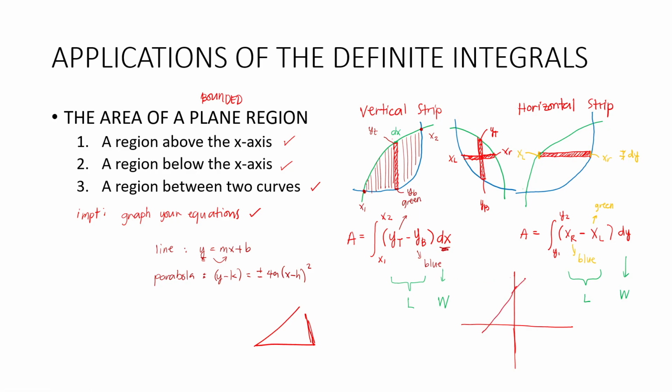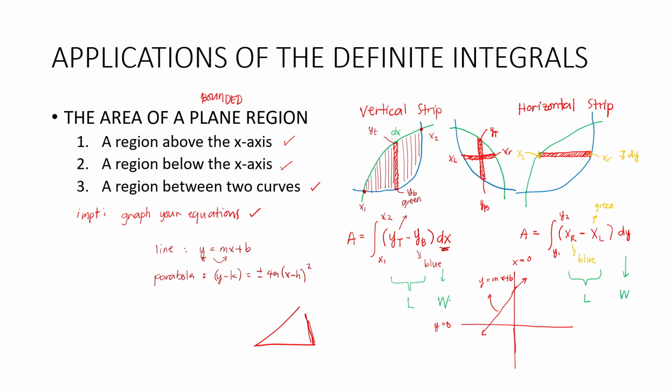Let's say you have a line, it is still an area, right? So you have y equals 0, x equals 0, and then this line here, y equals mx plus b. So you can still solve the area because you have different equations.